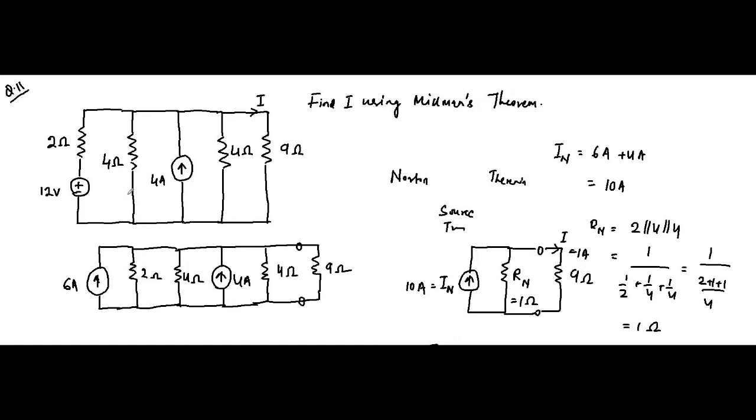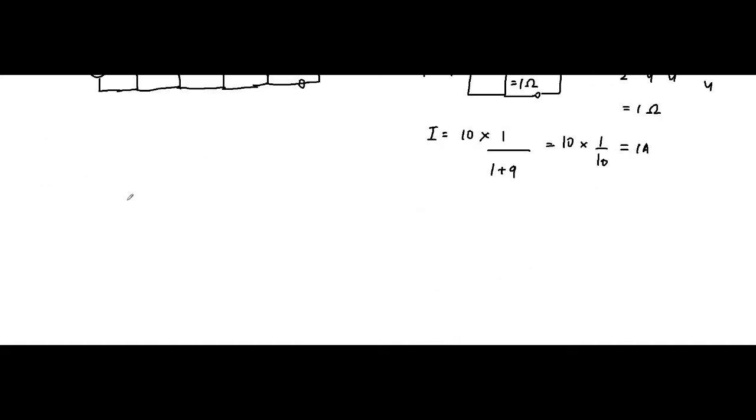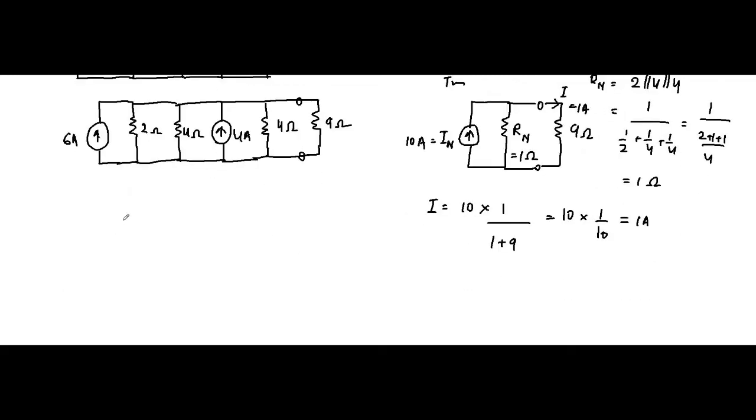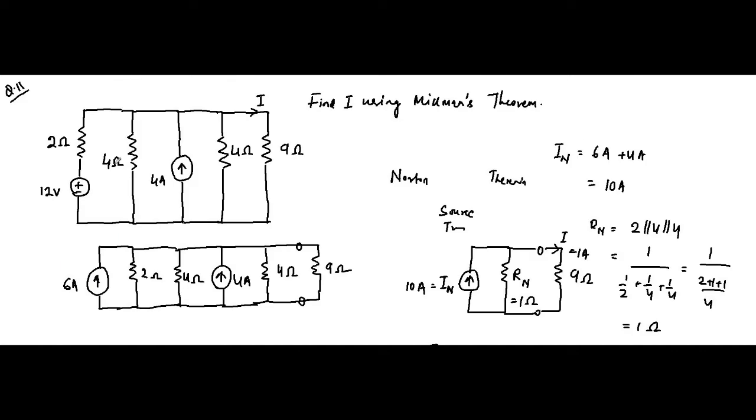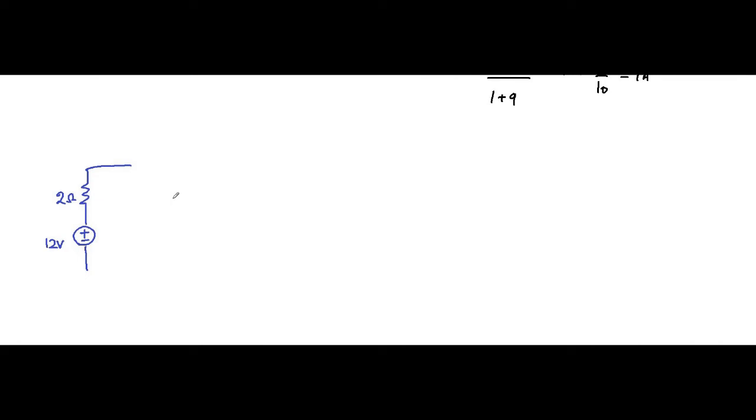So it will be something like this: first 2 ohm 12 volt, then we have this 4 ohm and 4 ampere, so that will be 4 ohm and 16 volt.